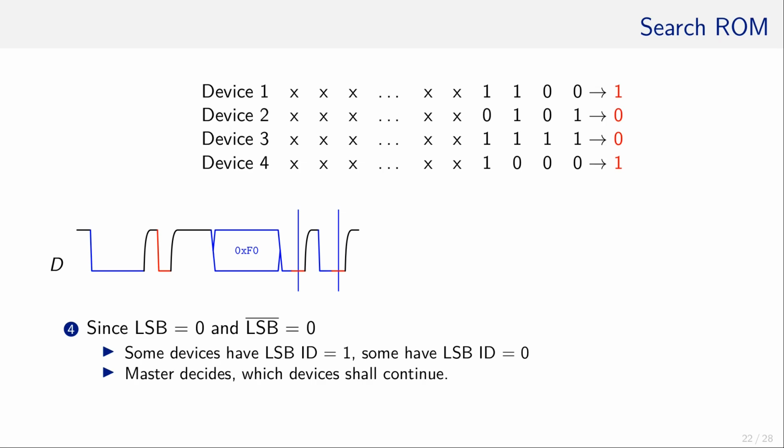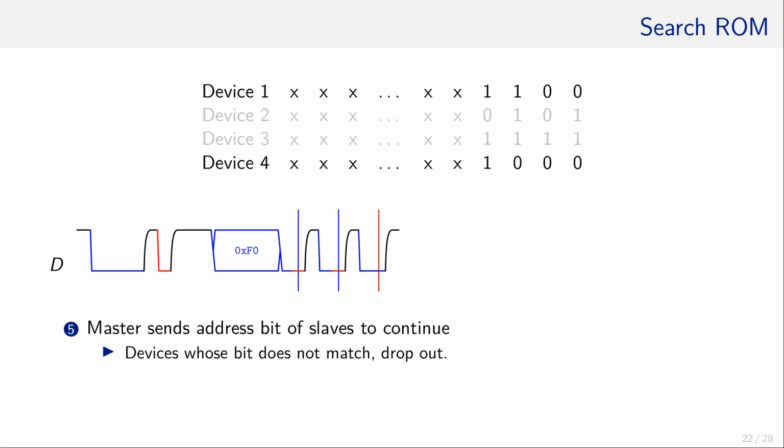Hence, the result is interpreted as at the current bit location, some slaves have a 1 and some have a 0. The master does not know how many slaves are there on the bus, nor how many of those have a 0 or a 1 at this position. It has to make a decision in the third step, and it writes the bit value onto the bus with what it would like to continue.